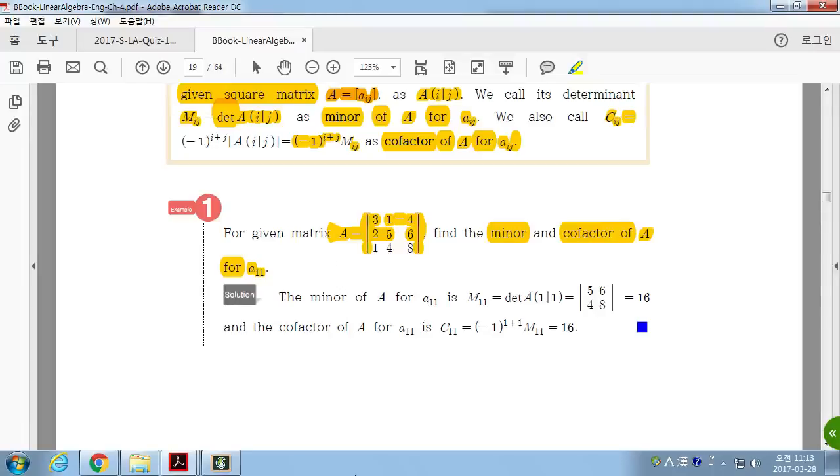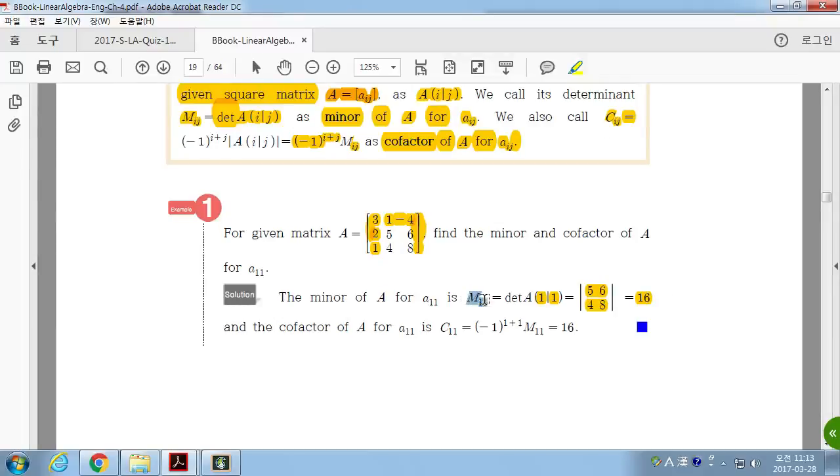For the minor, delete the first row and the first column, because it's 1,1. Then we have this 2 by 2 matrix, and the determinant is 16. And what about the cofactor?